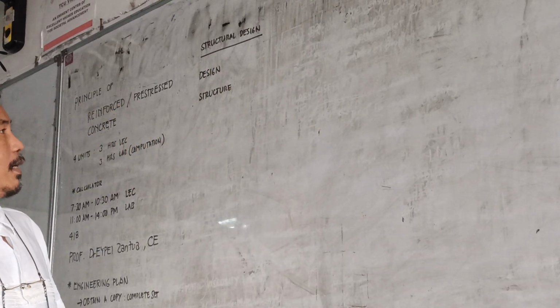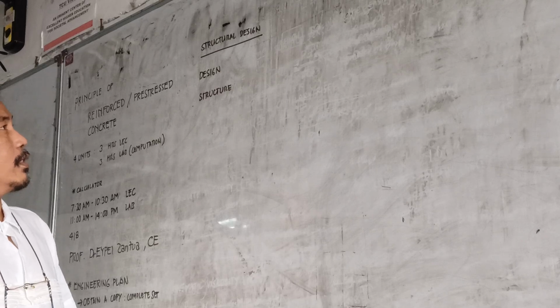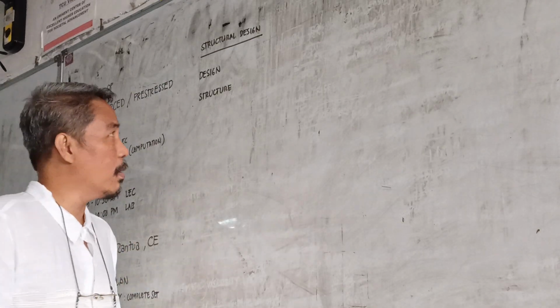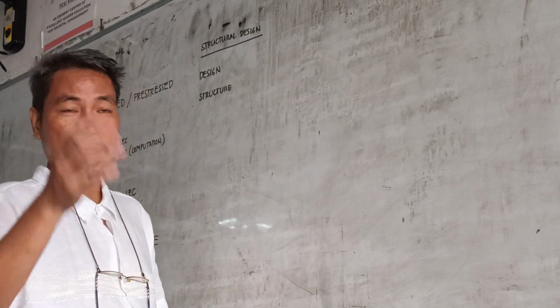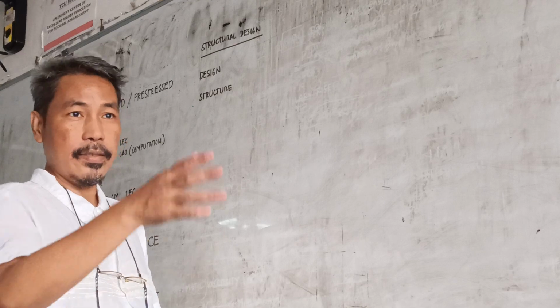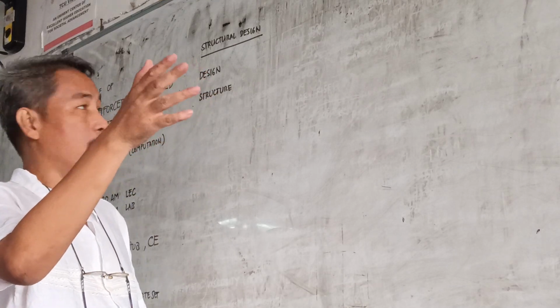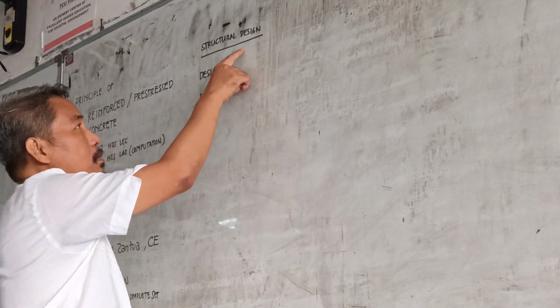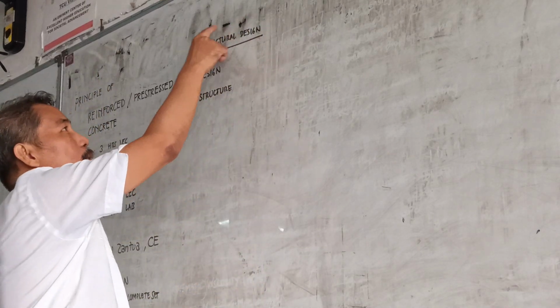Upon knowing the structural theory, we will now apply the theories and methods in order to solve actual problems. What we showed you, the buildings, the different components, right, in our previous video. So we will talk about the design of the structure.